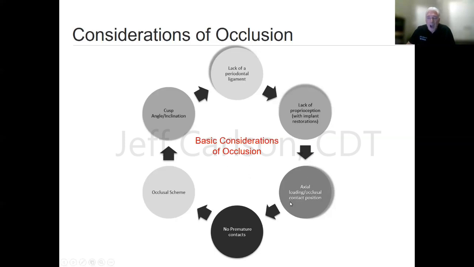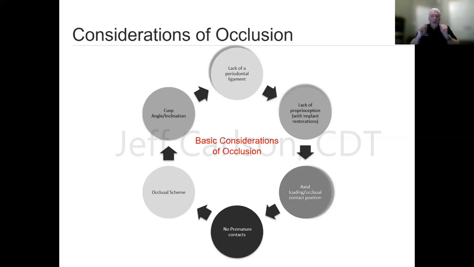So when we are trying to axial load implants the best we can, premature contacts, this gets more difficult. This is probably more predictable to establish in your crown and bridge cases, your FP1, FP2, and FP3 cases. For your overdentures, this could be a little more challenging because the lower arch occlusion is dynamic.